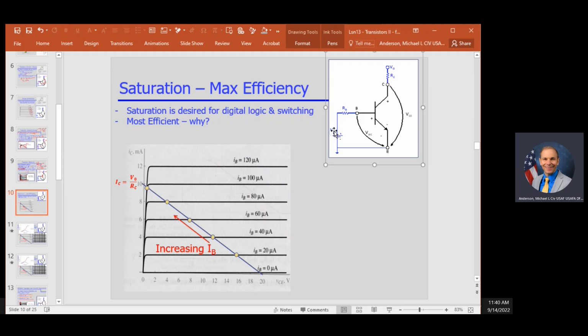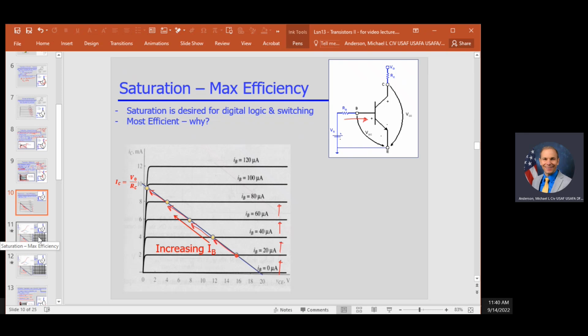If we had certain VS and V naught voltage sources and resistors, then I started maybe turning down the base resistor in order to increase the base current, or it could be turning up the base voltage to increase the base current. So either way, we're going up from line to line to increase the base current. So as we increase the base current, the operating point moves up this ramp towards that saturation region.